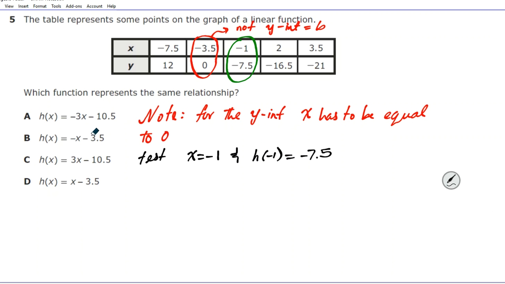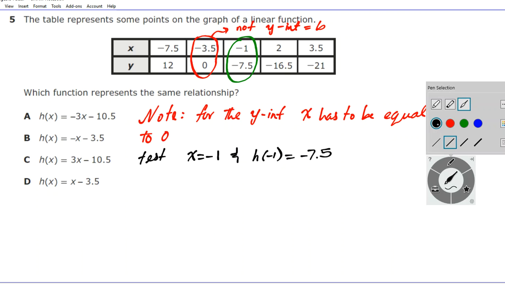So if more than one function satisfies this coordinate pair, we will then move on to another point. Okay, eventually we'll end up with only one that satisfies multiple test values. So let's try this one first. If we get only one that works, then we will be done.